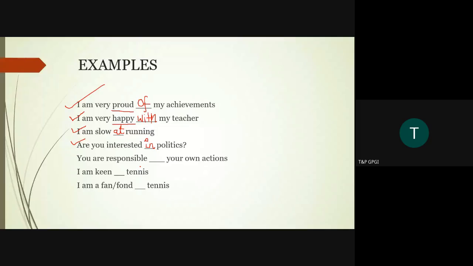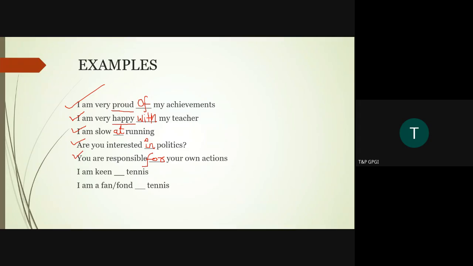So you are responsible, F-O-R, and that's for. You are responsible for your own actions. That's the correct preposition. So we are done with of, with, at, in, and for. Now another example that I can give you is, Nagpur is famous for. What is Nagpur famous for?